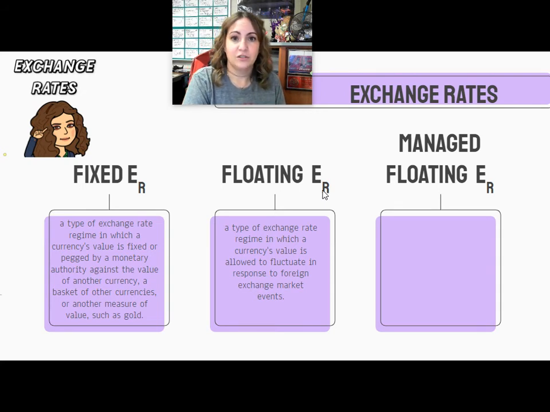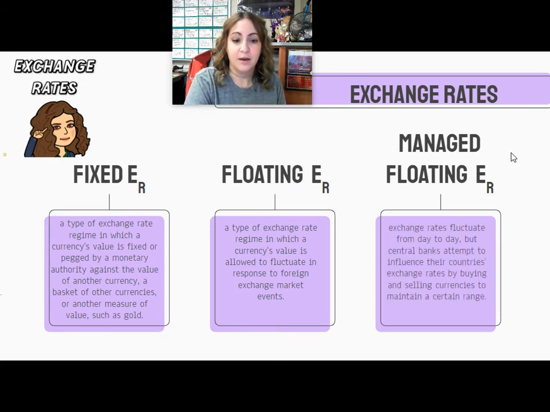So, imagine having monetary policy that's that unstable, which is why the majority of countries in the world have a managed floating exchange rate, meaning exchange rates fluctuate from day to day, but there's a cap, there's a range of where they allow it to fluctuate. So the central bank, like the Federal Reserve Bank of the United States, will attempt to influence that country's exchange rates by buying and selling currencies to maintain a stable range.